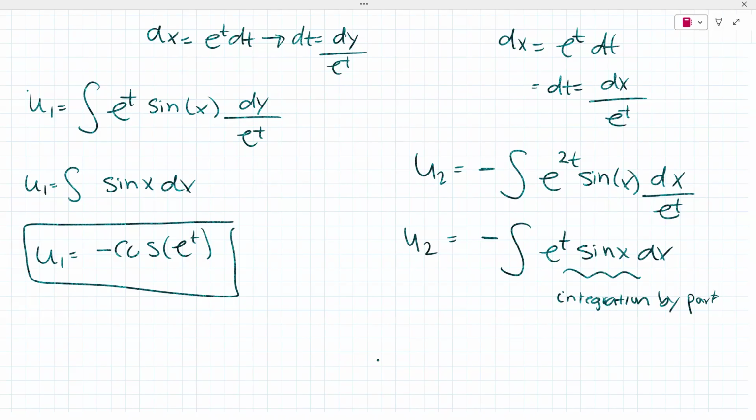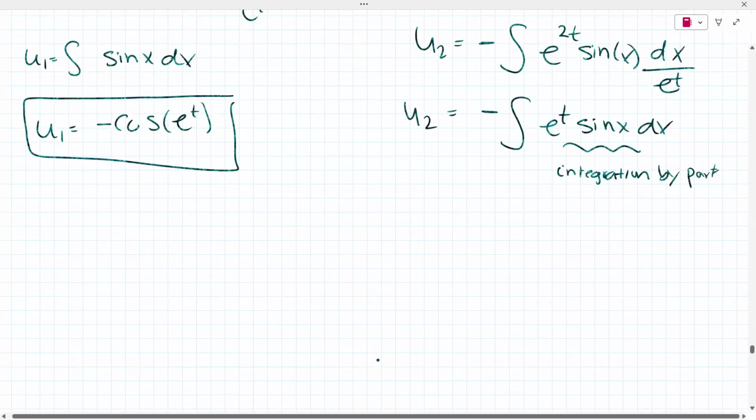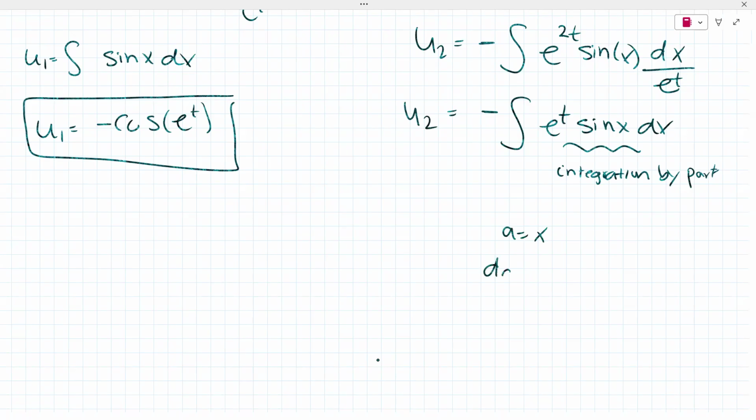You can use any letter you like, but I'm going to say let a equal x, and then my da is dx, and then my dv is sin(x) dx, and then my v is negative cosine of x.